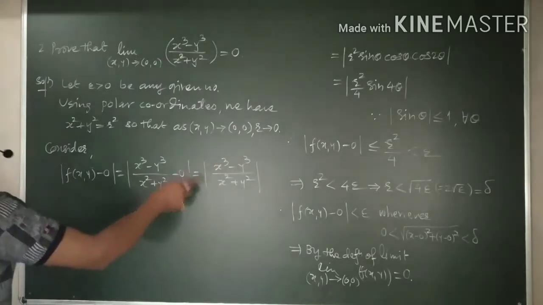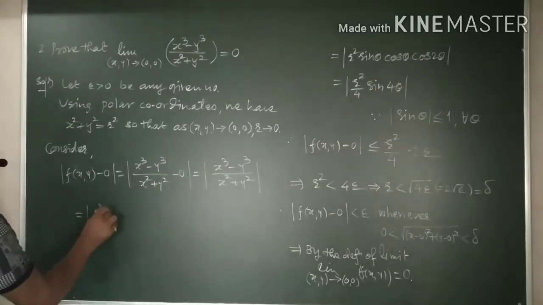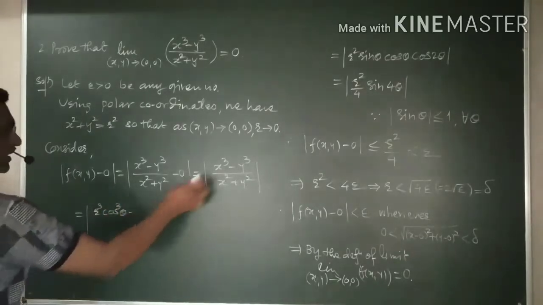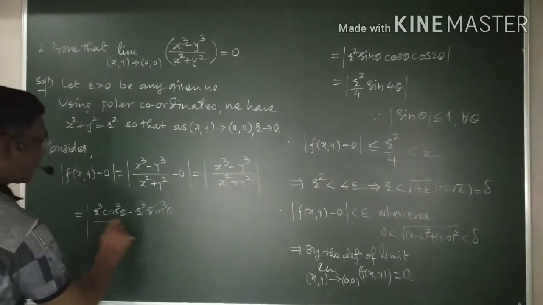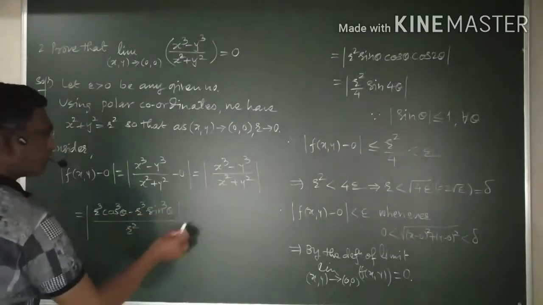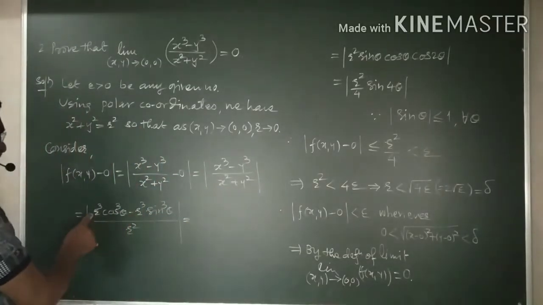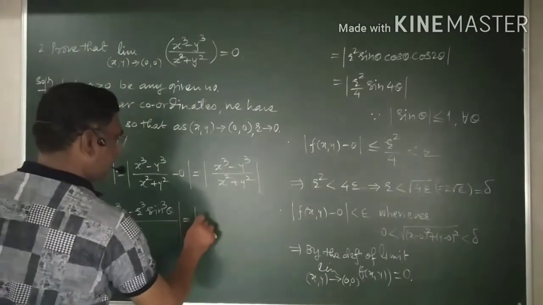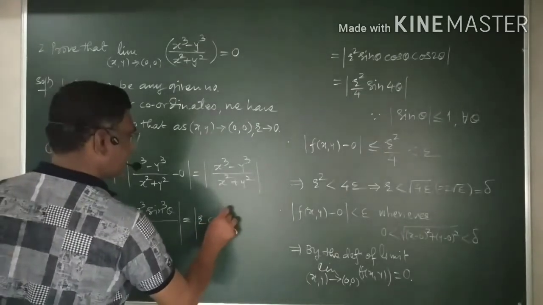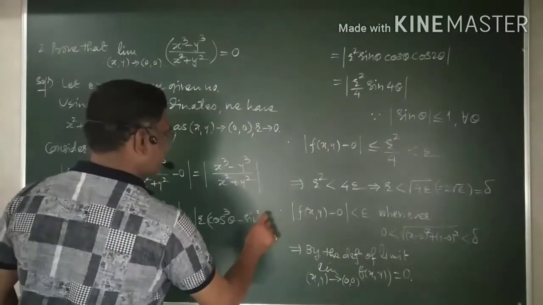Now by using polar coordinates, this is equal to the absolute value of (r cube cos cube theta minus r cube sin cube theta) divided by r square, since x square plus y square is r square. Taking r cube common, we get r times (cos cube theta minus sin cube theta).